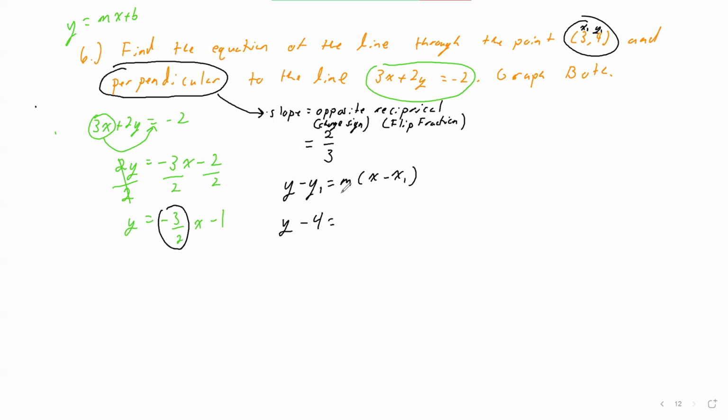Right, but what's my m? The 2/3 that came up with here. You're good. So your m there is the 2/3 x, and then minus, what's my x1? 3. All right, there it is.